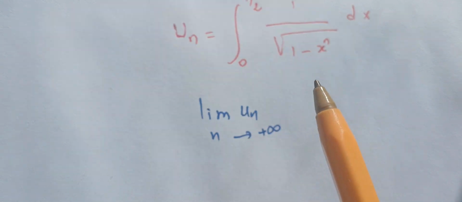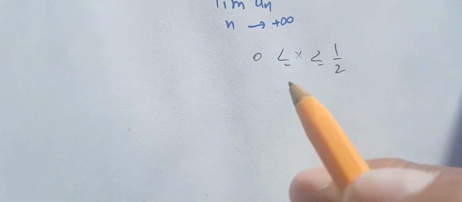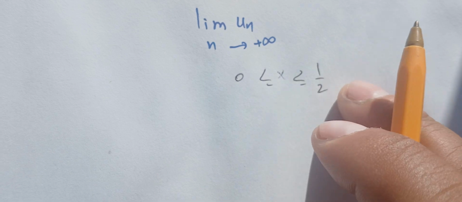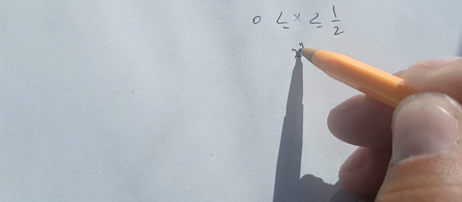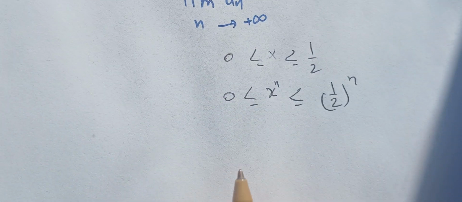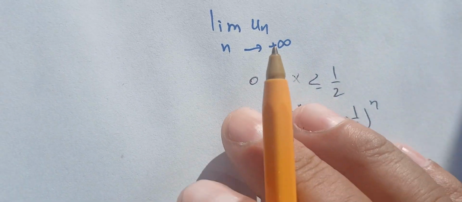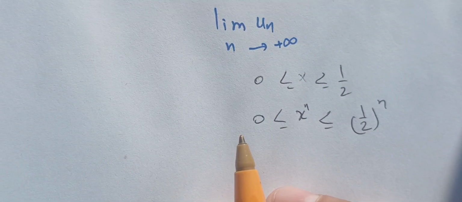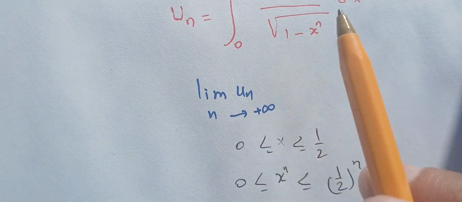So first note that x is between 0 and 1/2. Next we're going to raise everything to the power n. Nothing is going to change in this operation, since everything is positive. Next we're going to multiply by -1.